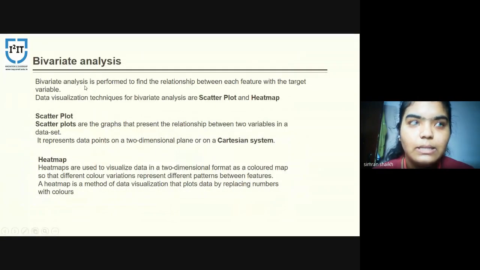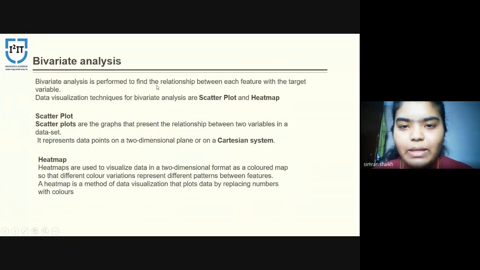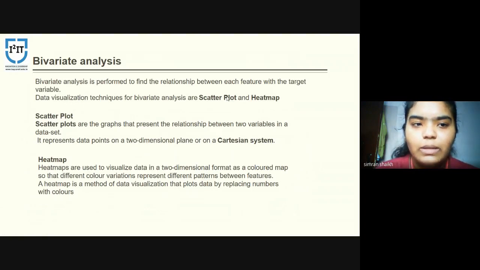Bivariate analysis is performed when we look at the relationship between each feature and a target variable. Data visualization techniques include the scatter plot and heat map.